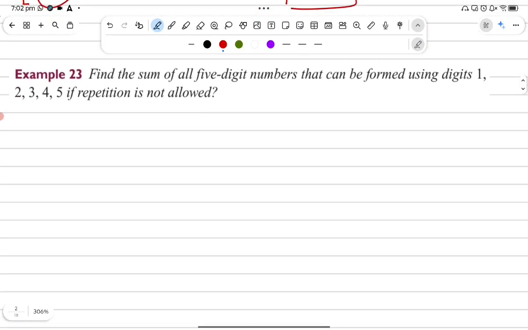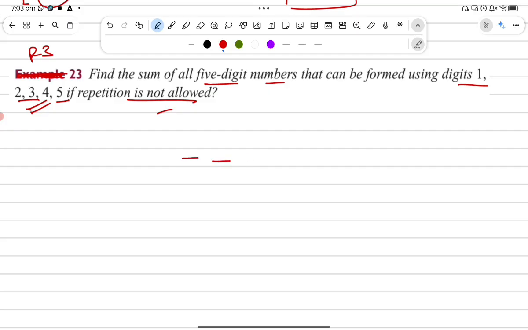Alright, so this is problem 3 for us. We are supposed to find the sum of all 5-digit numbers that can be formed using 1, 2, 3, 4, and 5 if repetition is not allowed. Alright. So first of all, how many 5-digit numbers can you make using these such that repetition is not allowed?